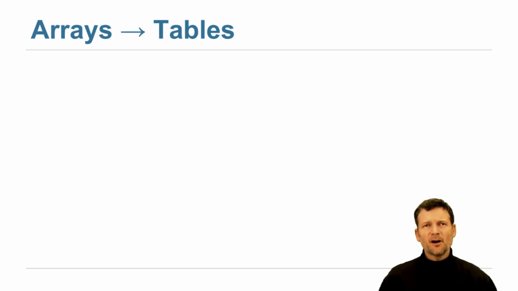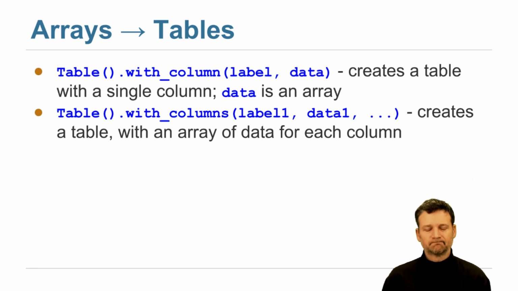The other way is if you've already got your data in an array, you can convert from an array to a table. If you want to create a table with just one column, and you have some data in an array, you could do that using the with_column method.